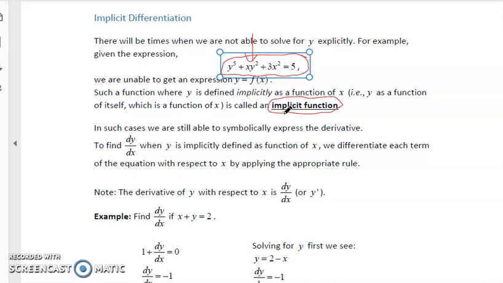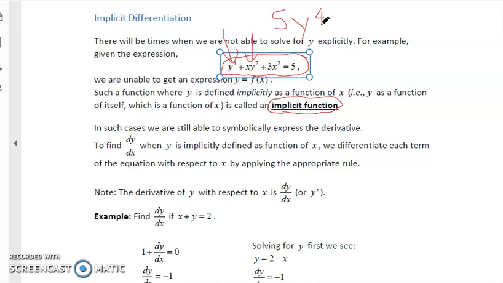You take the derivative of the x's the way you always did. You take the derivative of the y's in a similar fashion. For example, you see right there you have a y to the power of 5. Well, the derivative of that would be 5y to the power of 4. But there's one other step that you have to take whenever you're taking the derivative of a y term.